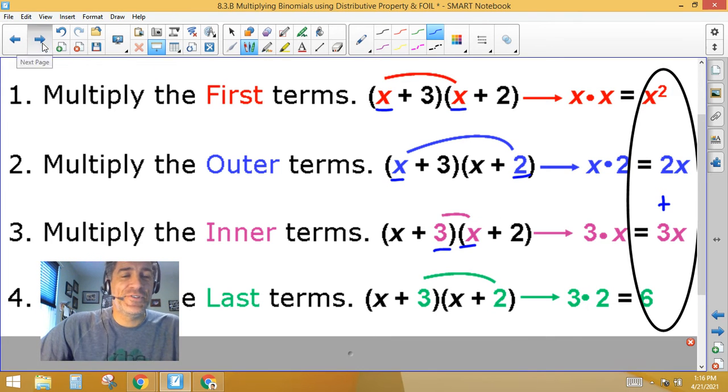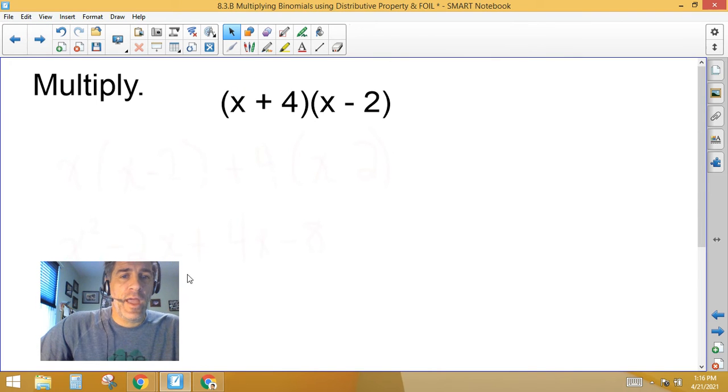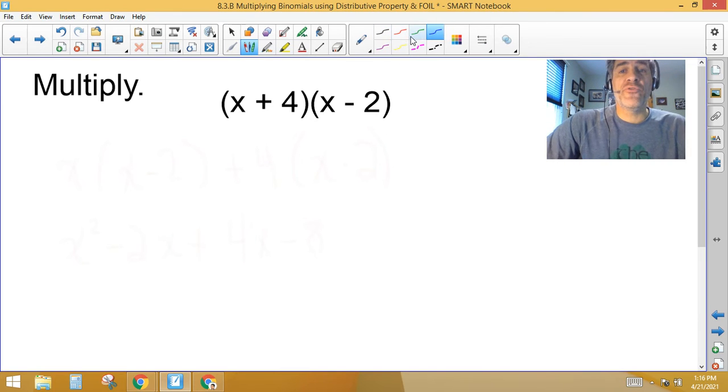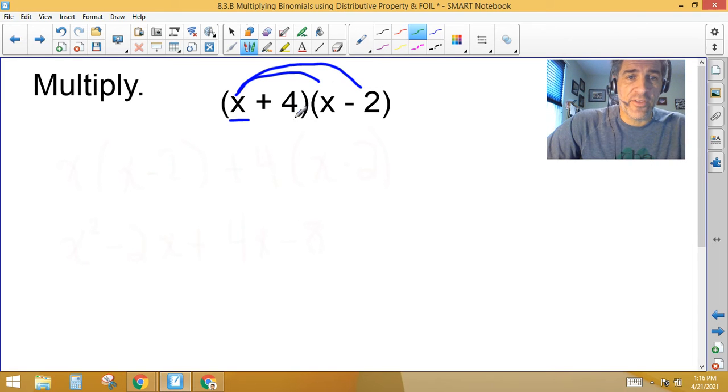Let's take a look at this example here. x plus 4 times x minus 2, some subtraction here. I'm going to use the distributive property for this example. I'm going to take this x and distribute it first. Then I'm going to take this positive 4 and distribute that.